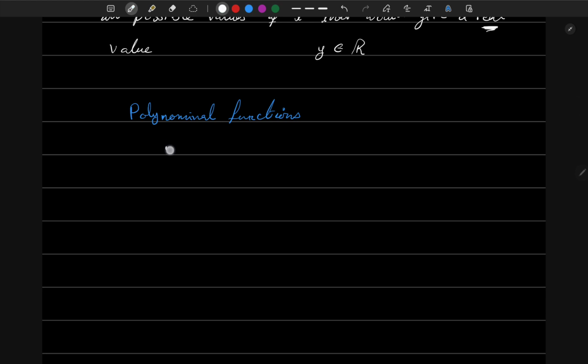Polynomial functions go like this. If you have y equals x to the power of 4 plus 3x to the power of 3 plus x to the power of 2 plus x plus, let's say, 7, this is a polynomial function. A polynomial function has many terms that go in a linear way.